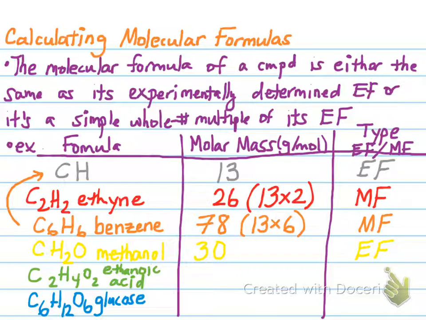Next, ethanoic acid. 2 carbons plus 4 hydrogens plus 2 oxygens gives you a molar mass of 60. Again, my empirical formula would be CH2O, and I would multiply it by 2, and lo and behold, the molar mass of my empirical formula multiplied by 2 gives me my molecular formula.